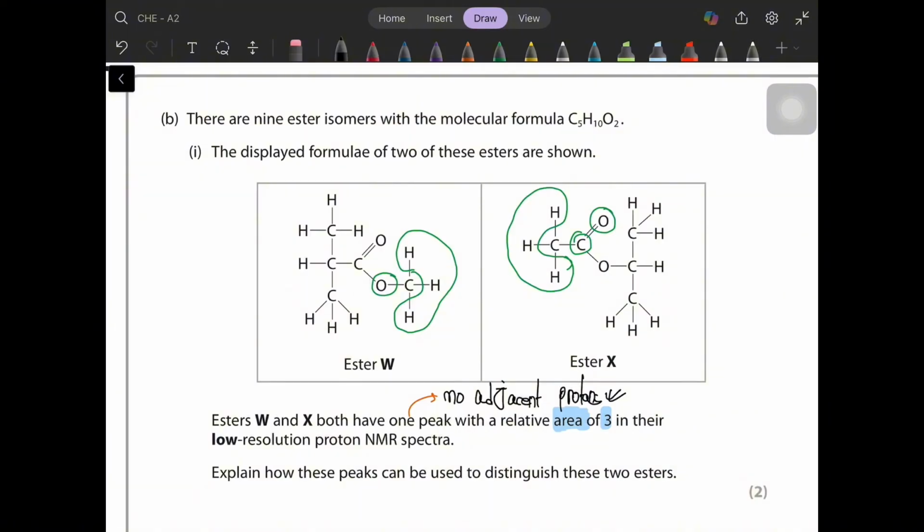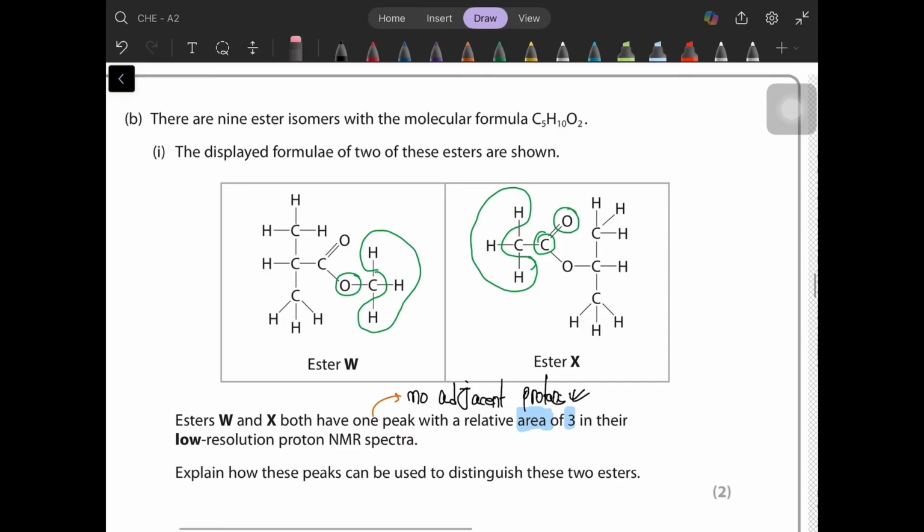So explain how these peaks can be distinguished, how these peaks can be used to distinguish these two esters. First thing is that for ester W, this proton environment is joined to a carbon that is joined to an oxygen that is joined to a carbon with C=O. Check this one: this hydrogen is joined to a carbon that is joined to an adjacent carbon that is joined to an oxygen with a double bond.